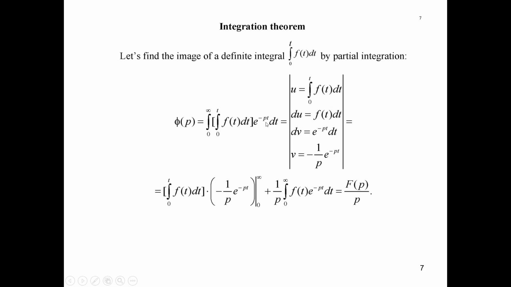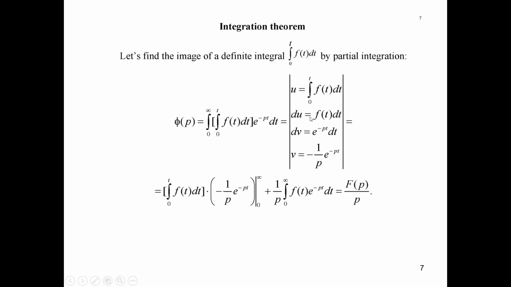So such an integral will be equal to u multiplied by v, here multiplied by this e to the minus pt, over minus 1 over p, in the limits from 0 to infinity, minus the integral of v multiplied by du. This minus will give us plus, it will be 1 over p, this e to the degree minus pt, multiplied by du.